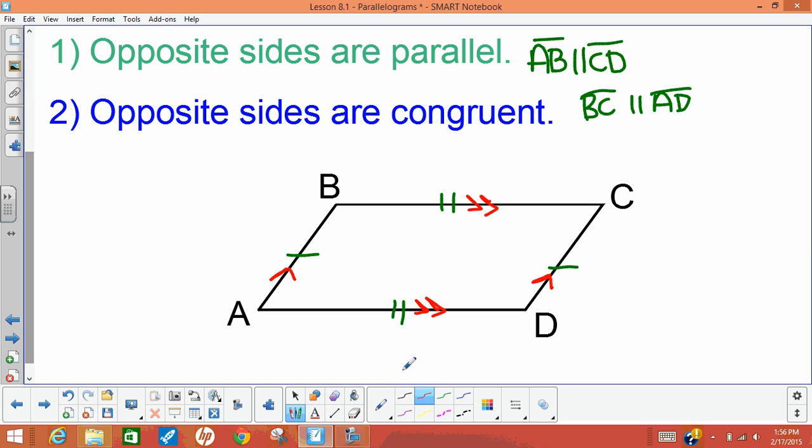So I'm already ahead of myself here. The opposite sides are also congruent to each other. So AB is congruent to CD, BC is congruent to AD. This is kind of something you might say is common sense. If you look at the picture, it looks like the opposite sides are parallel, and it looks like the opposite sides are congruent. And they are.